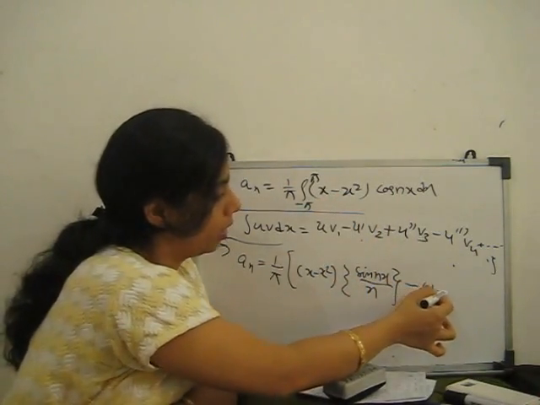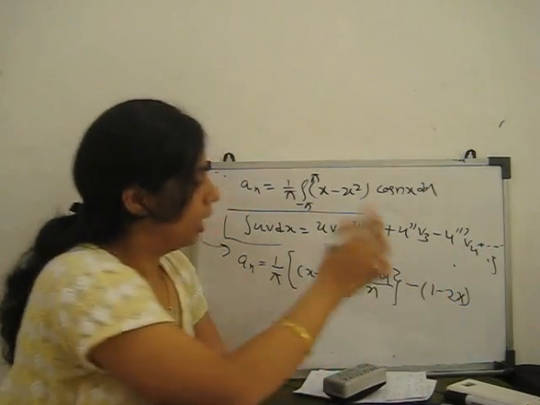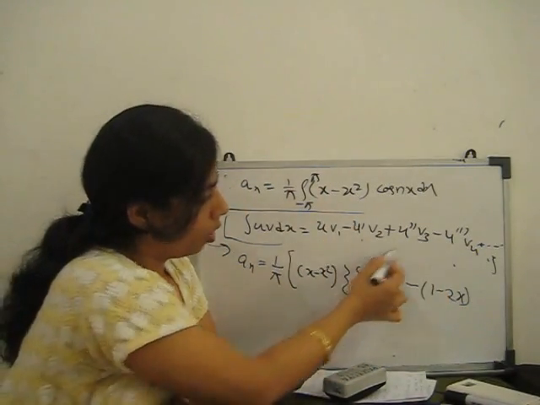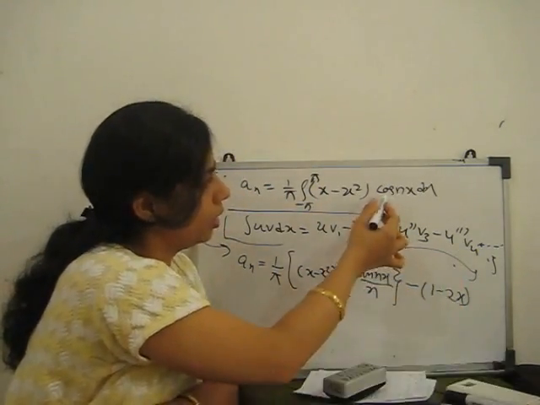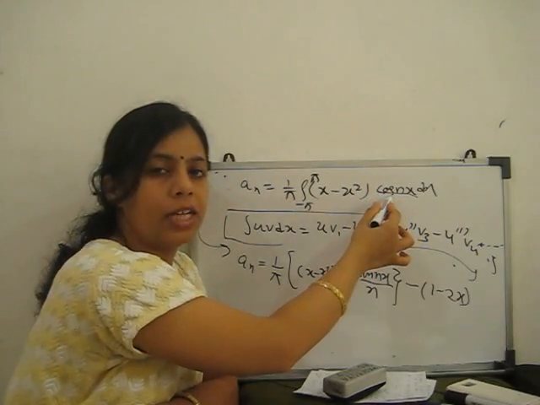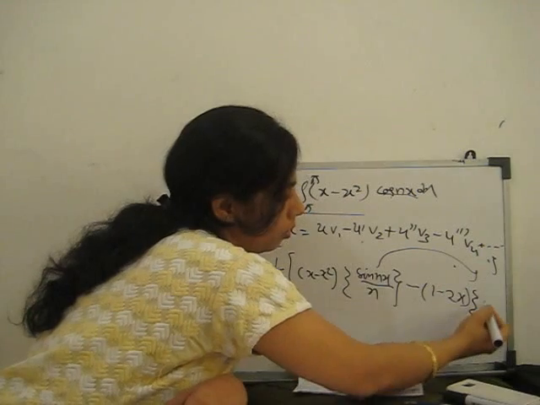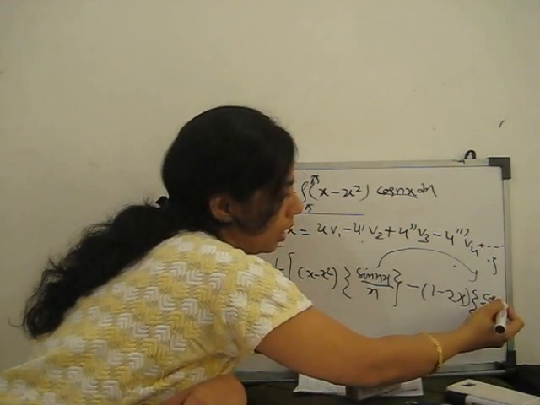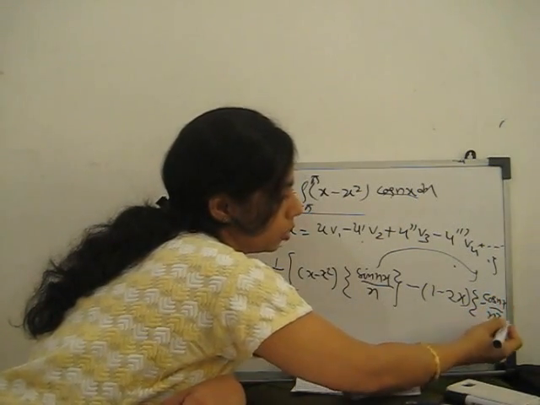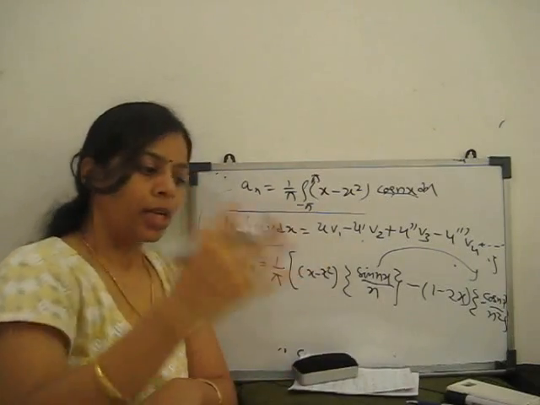The derivative of u is 1 - 2x, then the integration of v2 means we have to integrate two times. One time gives sin nx/n, the second time gives -cos nx/n². Clear?